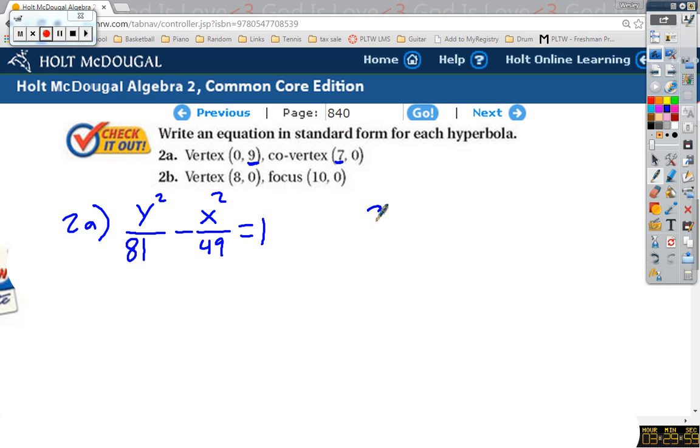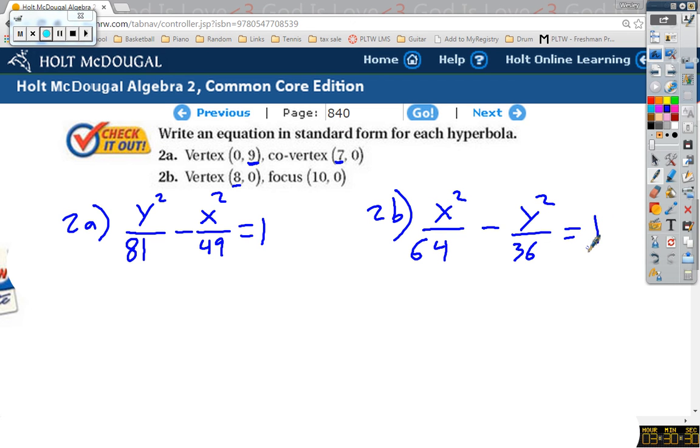For 2B, you should have gotten x squared, because the vertex is in the x, it's horizontal, over 64, 8 squared, 64, minus y squared over 36 equals 1.